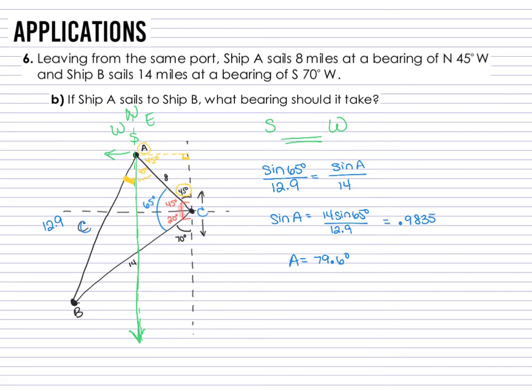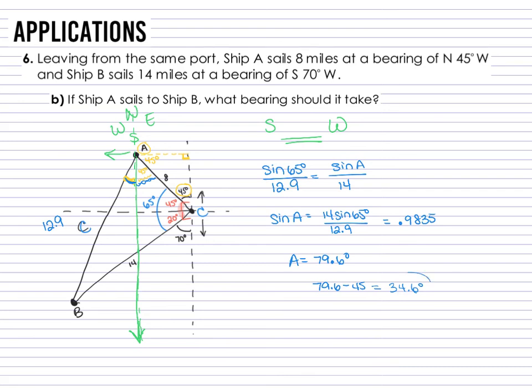Since angle A is equal to 79.6, remember we said in the very beginning we're going to subtract 45 degrees from that because we're trying to get rid of this side of the angle to just give us the bearing angle. So I'm going to take 79.6 and subtract 45, because that's the part of that 90-degree angle that we know we have that we don't need, to give me 34.6 degrees.